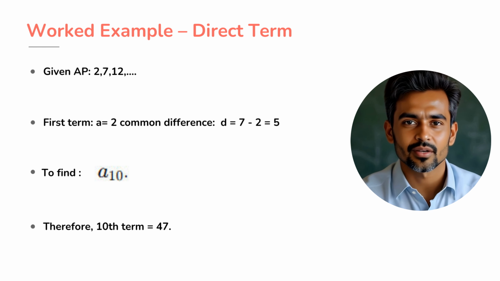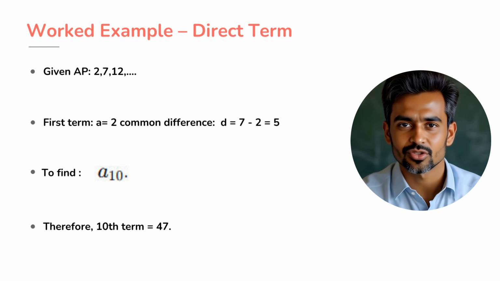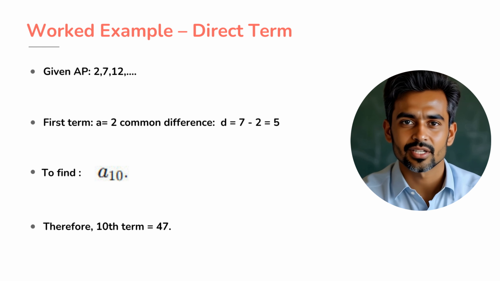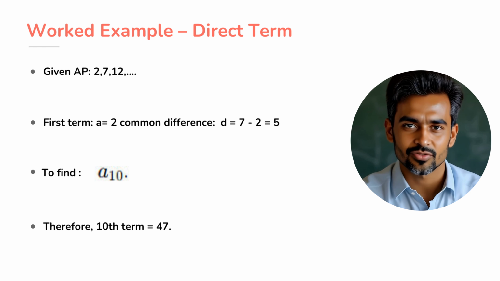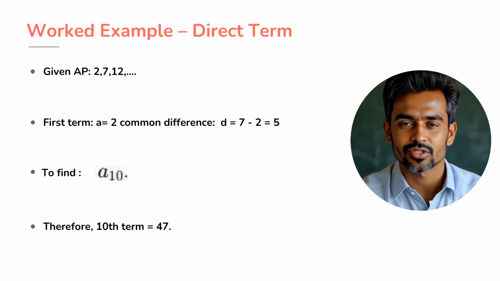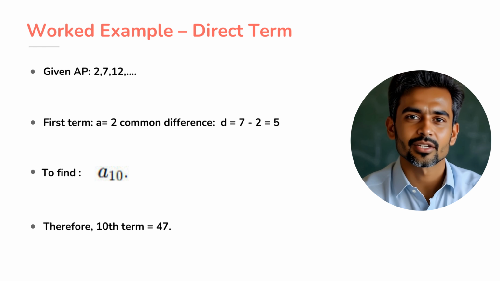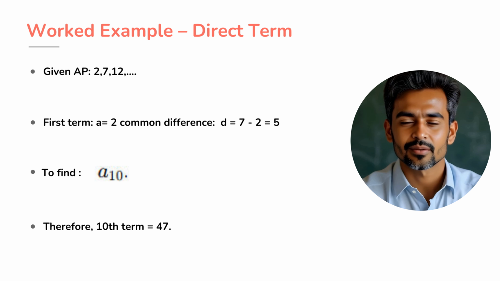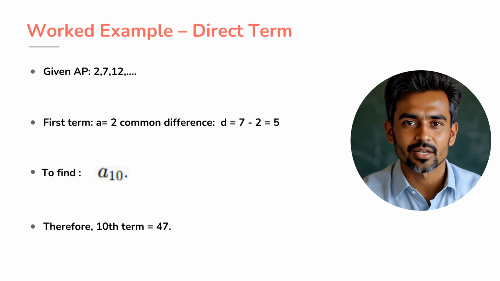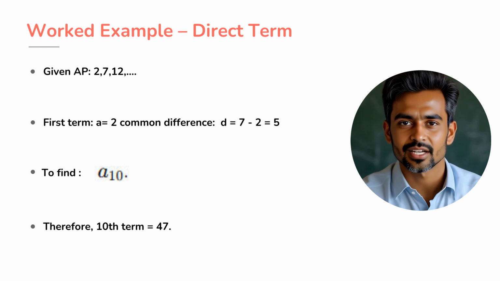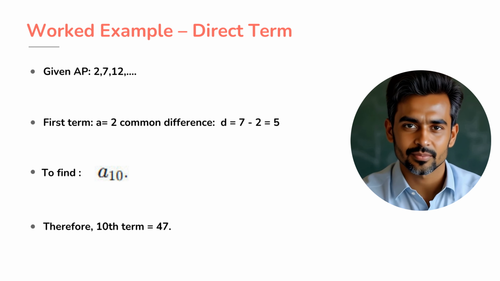According to our formula, A sub 10 equals a plus bracket 10 minus 1 bracket into D. That means A sub 10 equals 2 plus 9 into 5, which equals 2 plus 45. And that equals 47. So, the 10th term of this AP is 47. Notice how quickly we reached the answer without adding 5 again and again 9 times. That's the real power of this formula.